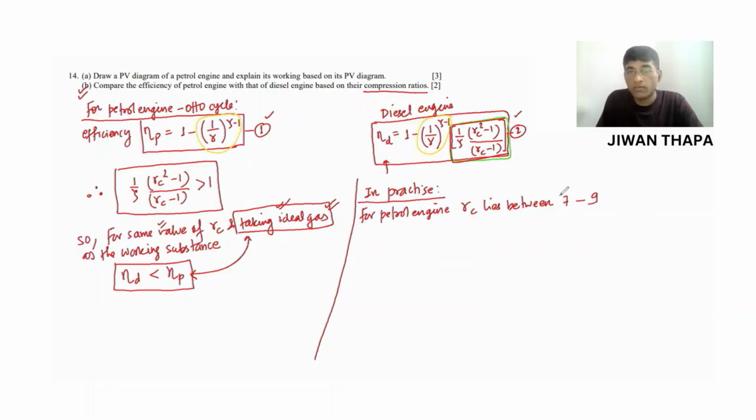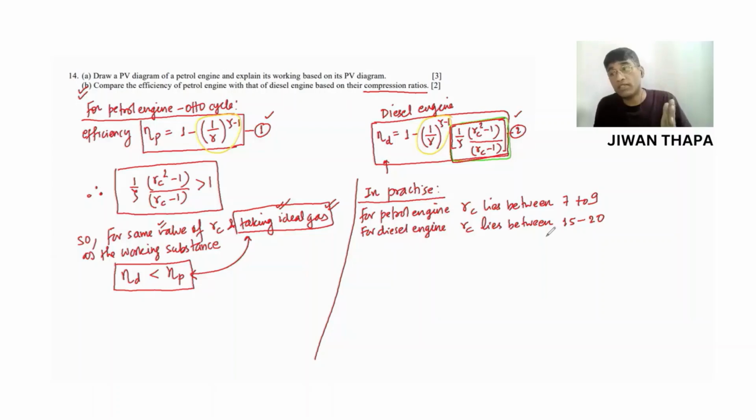And for the diesel engine, the compression ratio lies between 15 to 20.